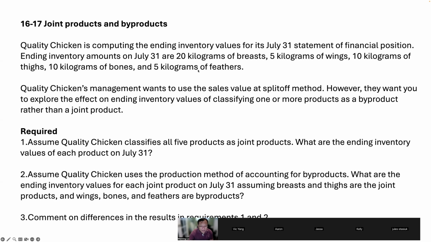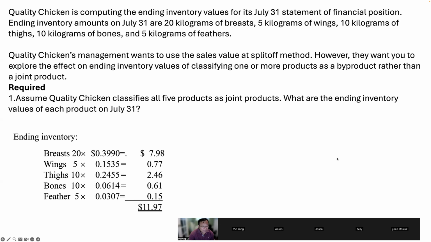So the first question is, they want you to use the first assumption: all 5 products are joint products. Treat them as if they're all valuable, and then calculate the ending inventory. We did this already.